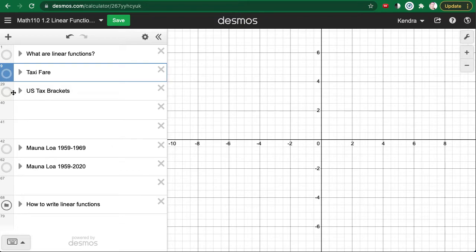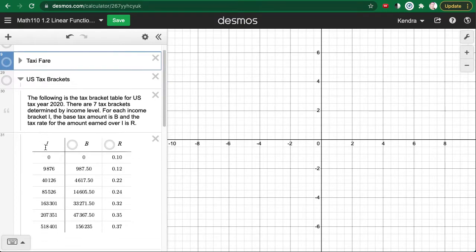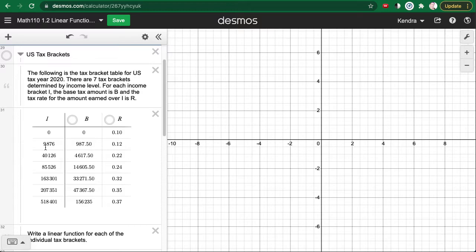So here is a table of US tax brackets for the tax year 2020. So there are 7 different tax brackets that are divided by income level. And each income level has a base tax dollar amount that you have to pay, plus a certain percentage that you have to pay for all of your income that is over that base amount.